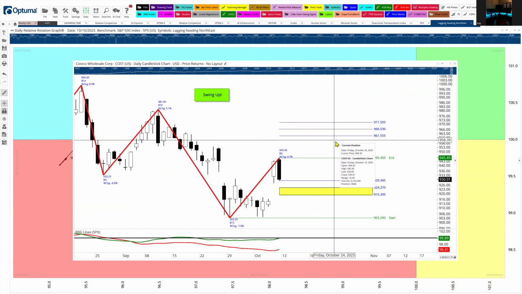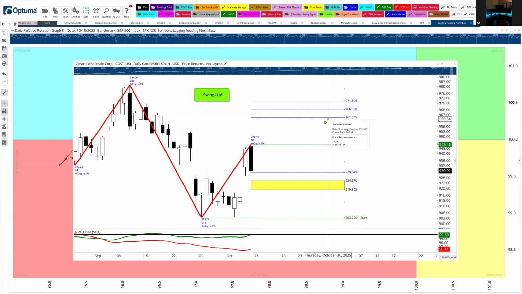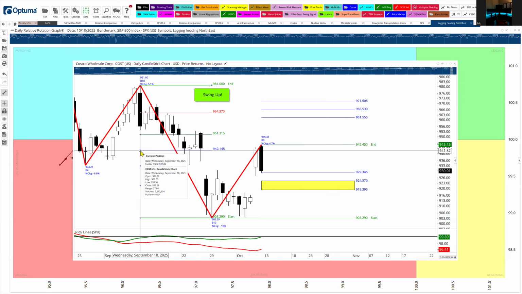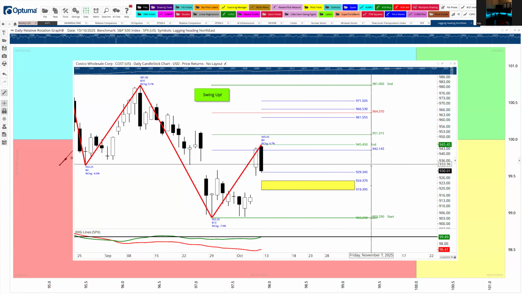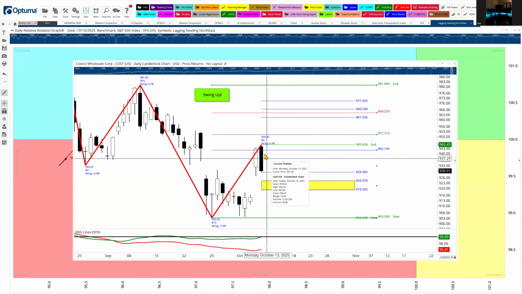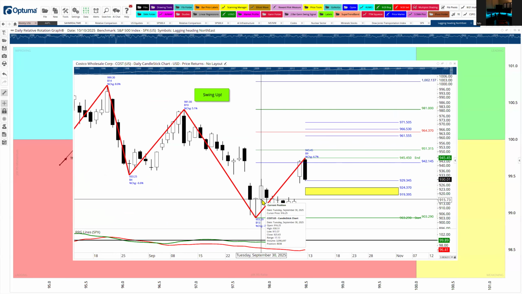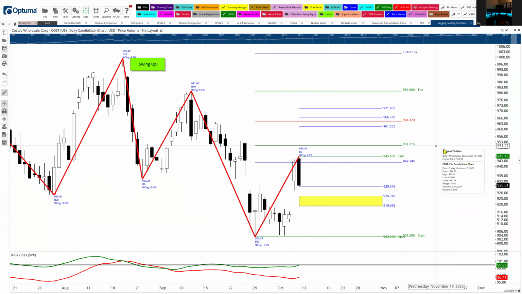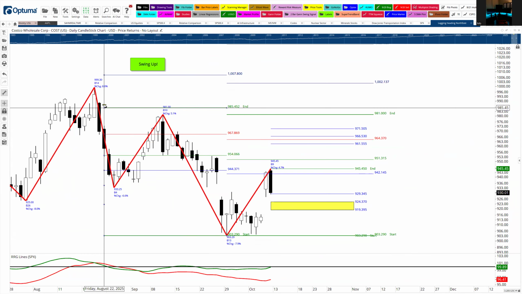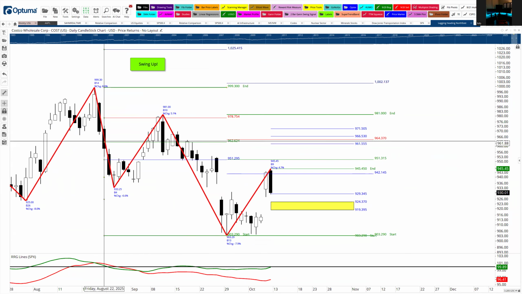So if we would do this swing high to this swing low, you see 964 is going to be fine, 950. Hang on. This one to this high.